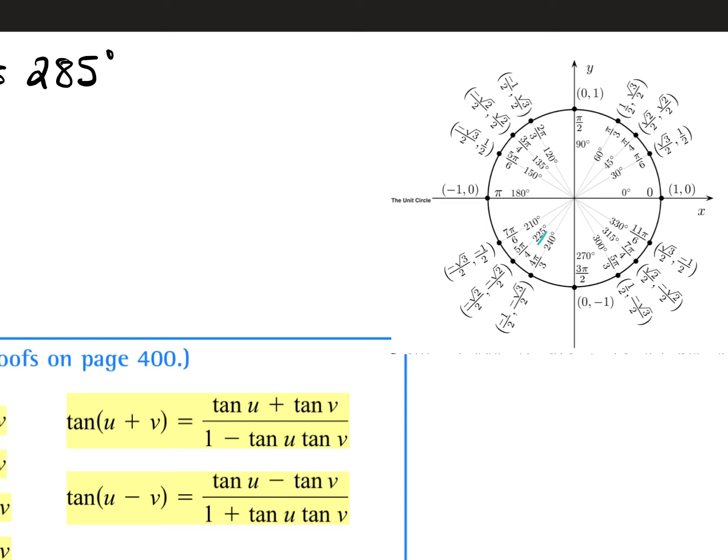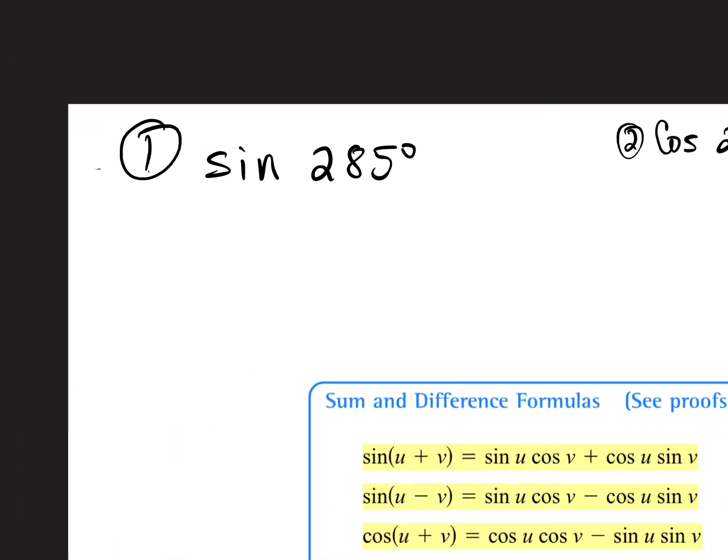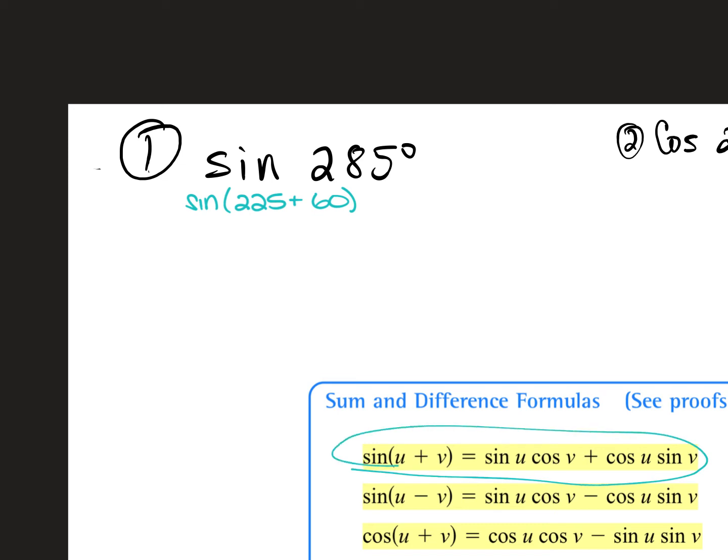So sine of 225 plus the 60. We're working with addition of sine. So look at your formula and use the correct formula. Just plug in your values.